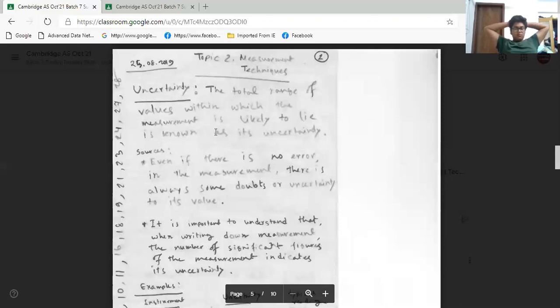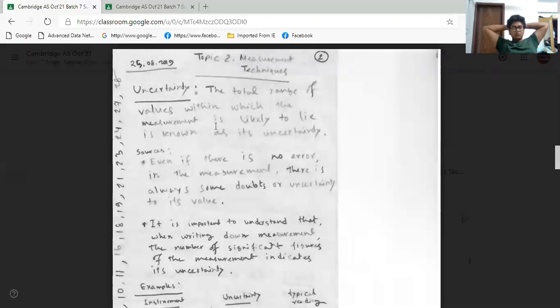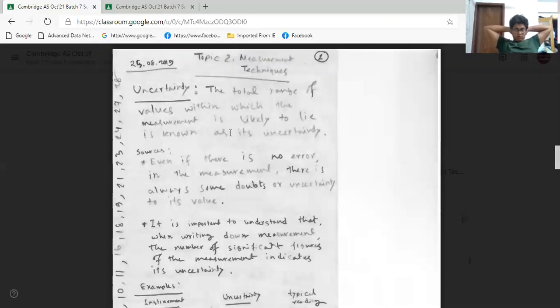You see, the definition is given: the total range of values within which the measurement is likely to lie is known as its uncertainty. So this range, the 220 to 230, is called uncertainty.